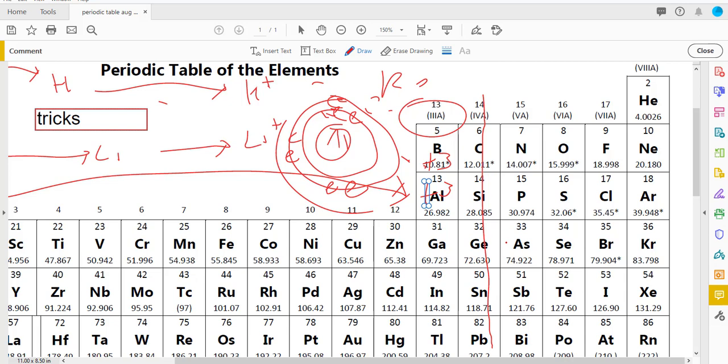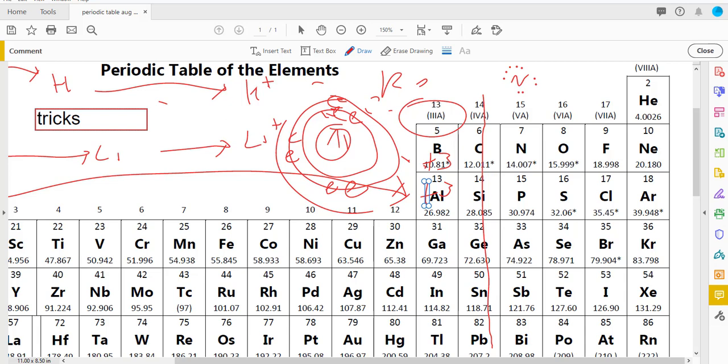Now we cut out group 4 because it's a tie. Is it easier to gain 4 or lose 4? Well, both can occur. So we just pretty much ignore that. We're going to go straight to group 5, 6, and 7. In group 5, just looking at the Lewis symbol, you'll notice that it's closer to 8, so it's easier to gain 3 than it is to lose 5.